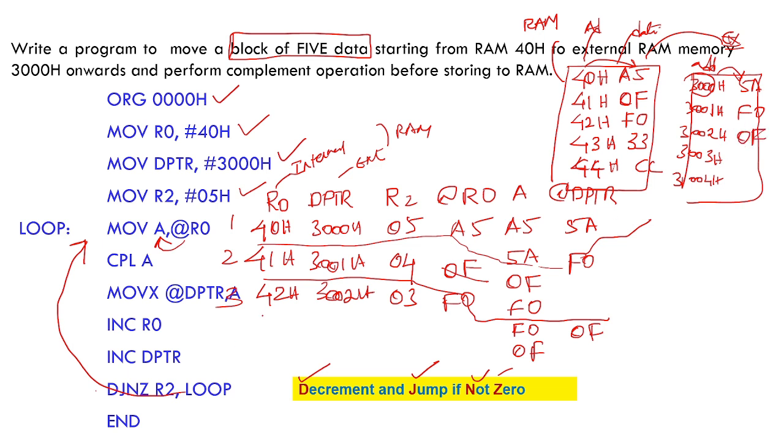So then again, what happened? You increment R0, so 43, so this will become 3003, and R2 will become 2. It is not 0, so what is the next data? 33, right? It is 33. So that will come to the accumulator also. Then you want to take a complement.